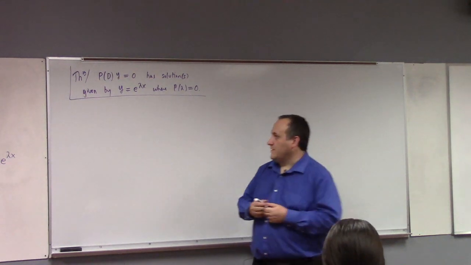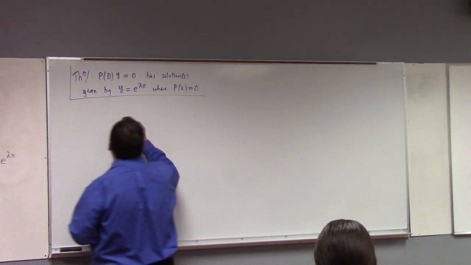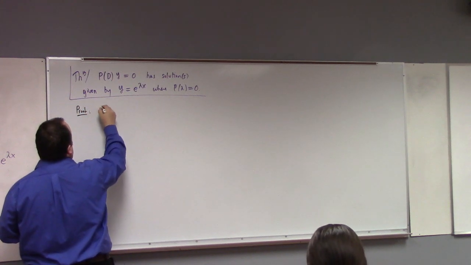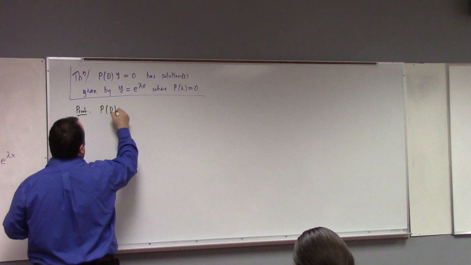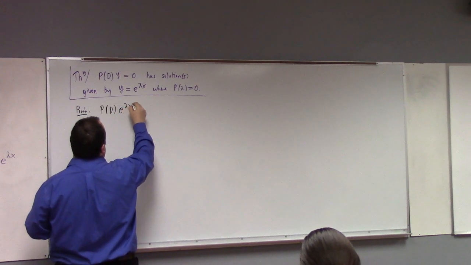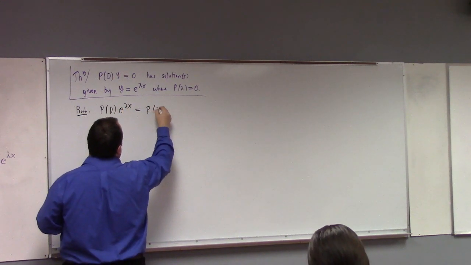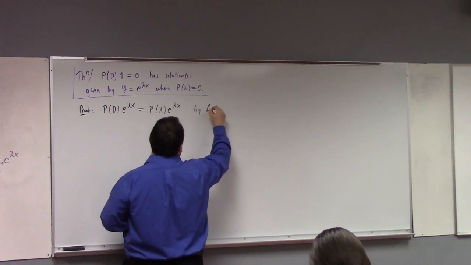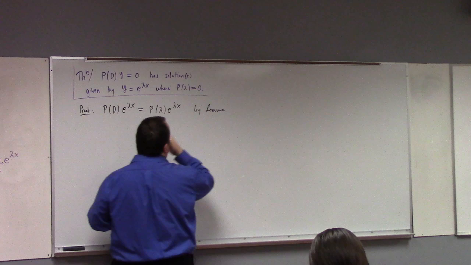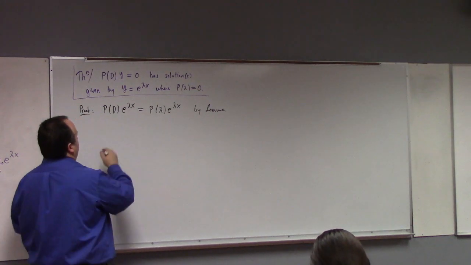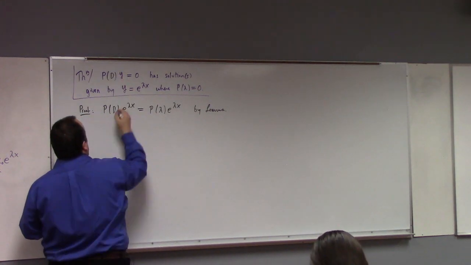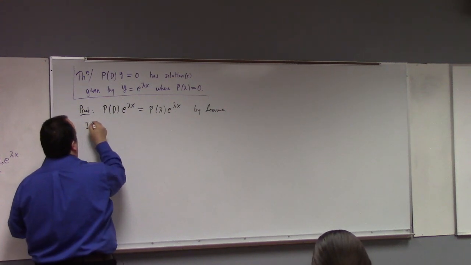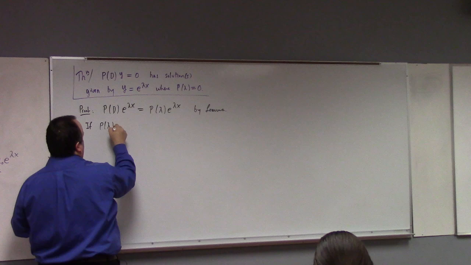So let me go through that. We know a polynomial in D acting on e to the lambda x is equal to P of lambda e to the lambda x, by the lemma. So if P of lambda equals 0, what do we got?